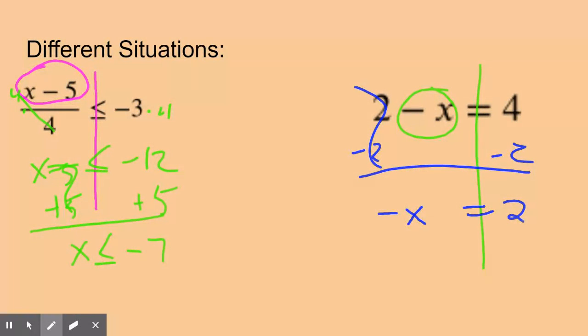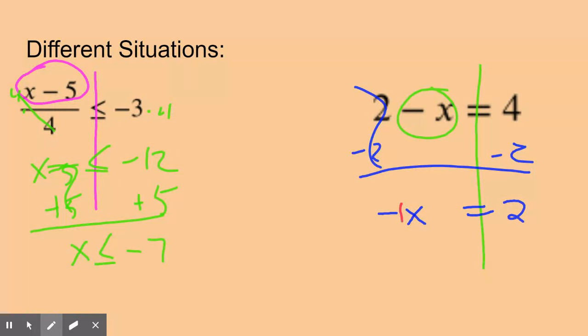Now, when we're solving, we have to ask if x is on its own. Well, there's a negative with it. So since it's negative, I cannot have a negative x. I have to make it a positive. In front of the x that we don't write is a 1. So technically this is -1x, and this means multiplication.